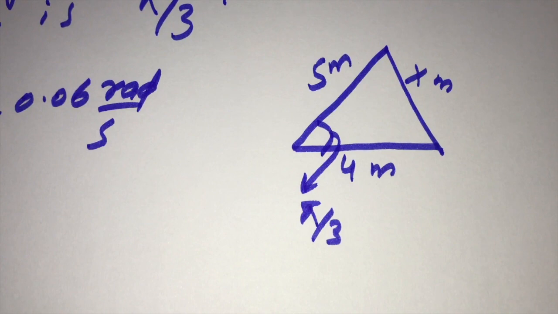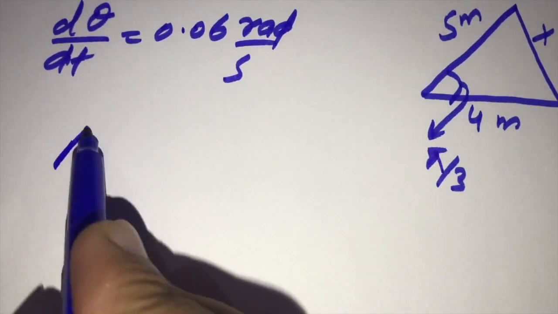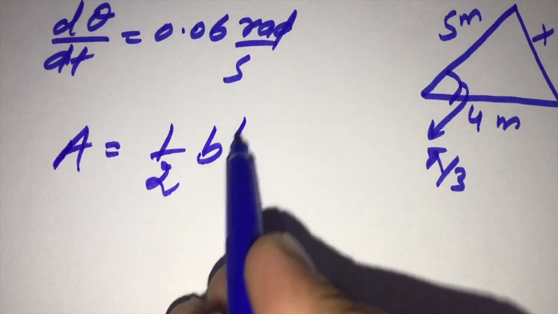So as we know, the area of the triangle is equal to 1 by 2 BH.